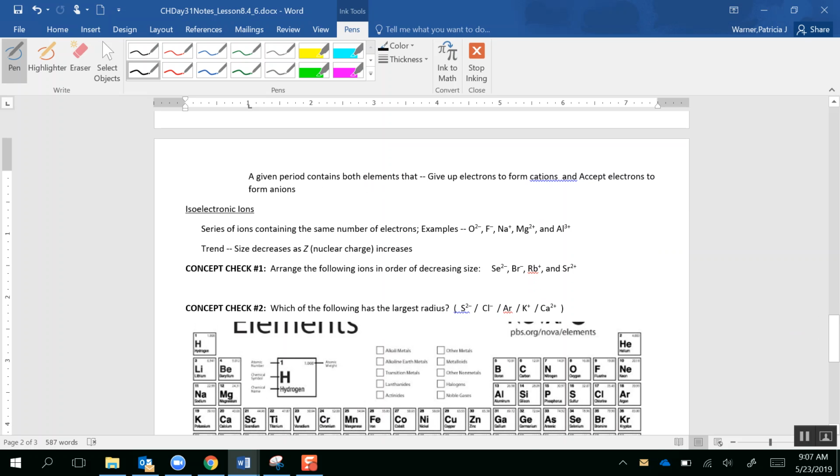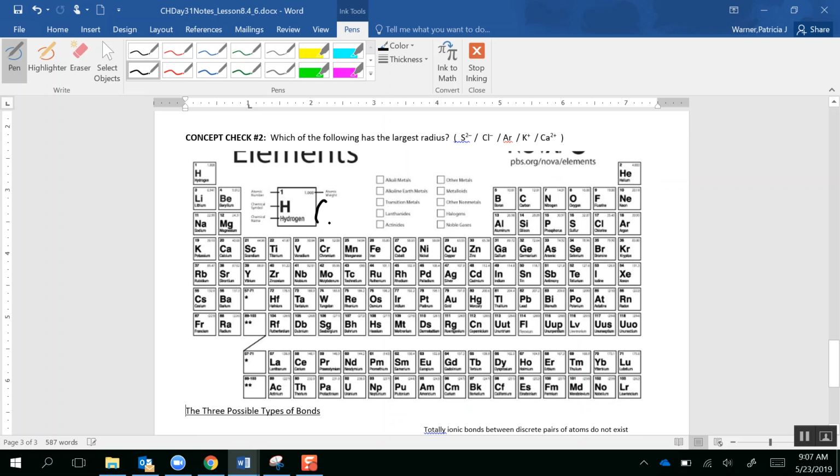Before we get into the examples, there are such things as we call isoelectronic atoms. Isoelectronic atoms mean they have the same electron configuration.